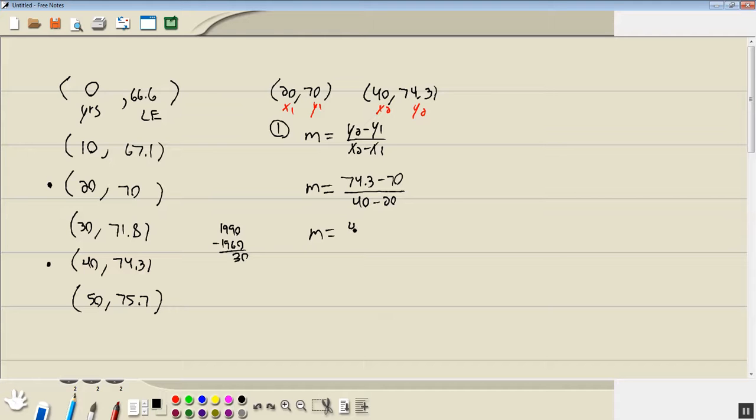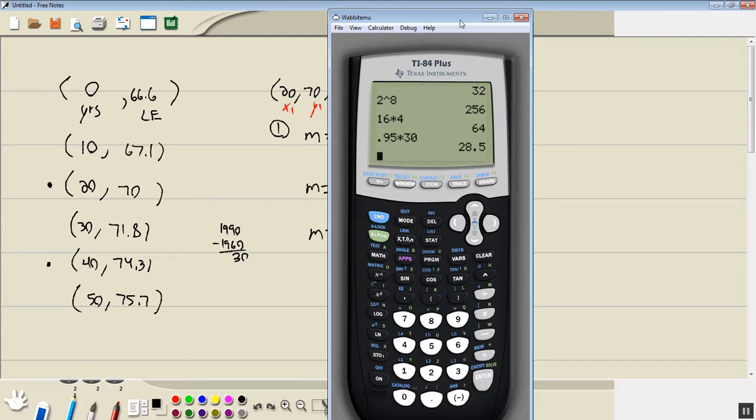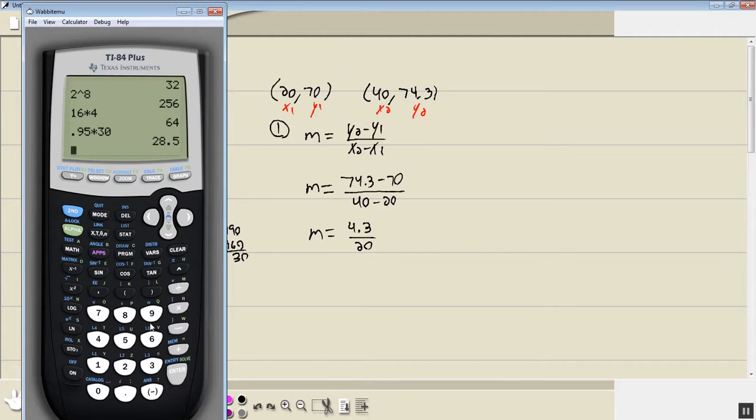And not very good decimals, but let's see. That's 4.3 over 20. Okay, calculator. 4.3 divided by 20. Oh, that's not bad: 0.215.